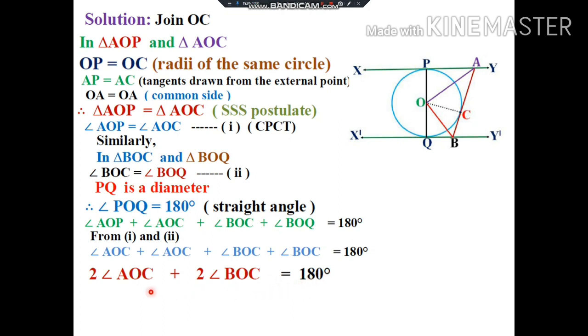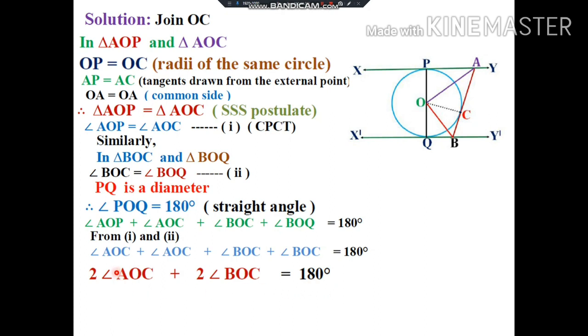Dear children, divide both the sides, left hand side and also right hand side, by 2. So dividing 2 AOC by 2, you will get only AOC, and 2 BOC by 2, the 2 gets cancelled, you get only BOC. Right side 180, this also you divide by 2, you get 90 degree.